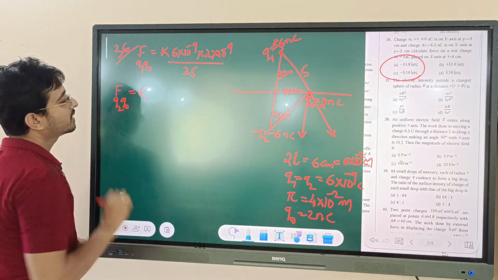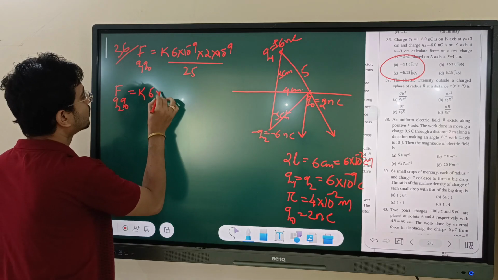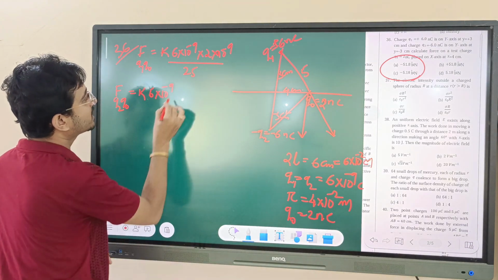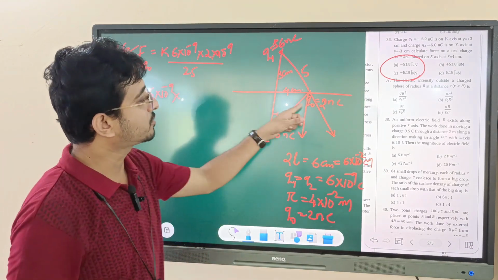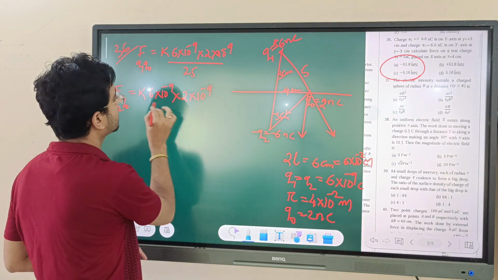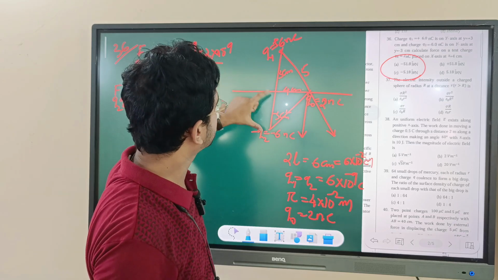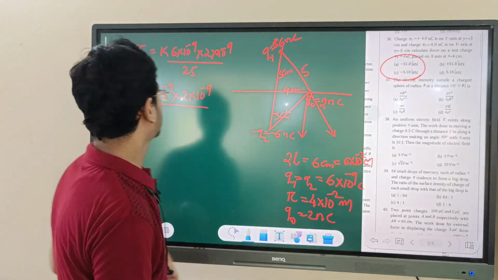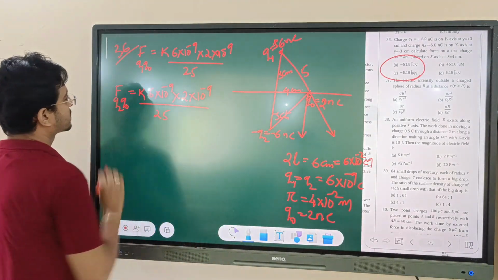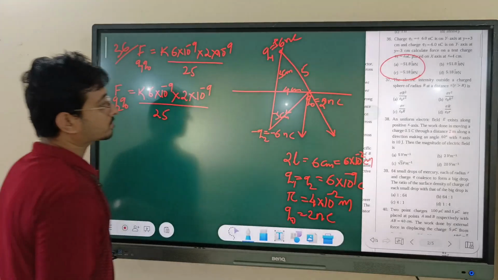This will be equal to K into the magnitude of Q2, also the same, 6 into 10 to the power minus 9, into the magnitude of Q0, 2 into 10 to the power minus 9, divided by the square of the distance. If this is 4 and this is 3, this will be 5, so this will also be 25. So I can see here the magnitudes of the two forces are the same.